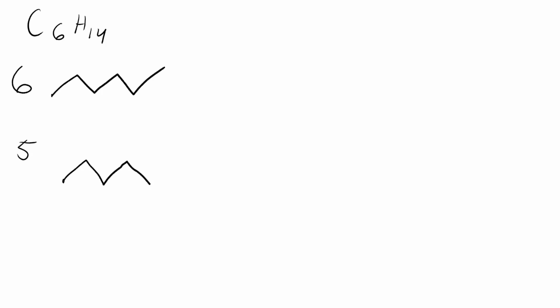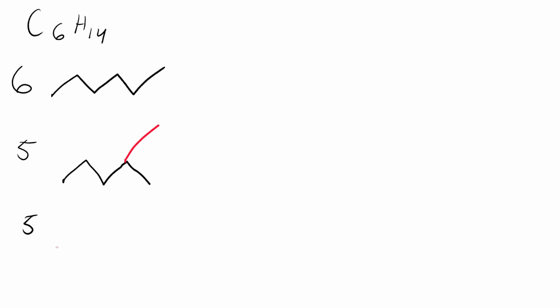Okay? And notice that I have one more carbon to put on. If I put on that carbon right here, it's going to be the same thing as this one. So they are not constitutional isomers. However, if I put one right here, then it is a constitutional isomer. There are still 6 carbons, right? But they are plugged in differently.